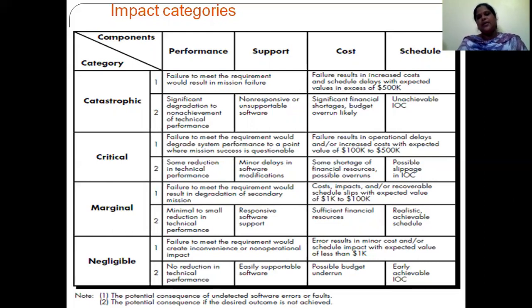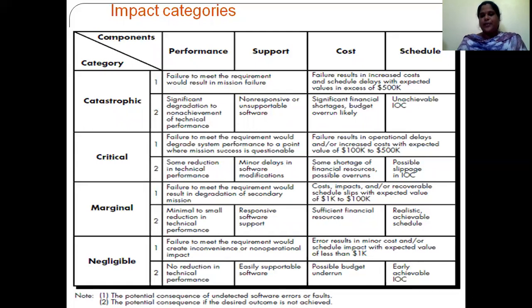In critical, you can see failure to meet requirements would degrade system performance, where the mission is successful, with some reduction in technical performance and minor delays in software modification, delays and increased cost over the expected, some shortage of financial resources, and possible slippage in IOC.